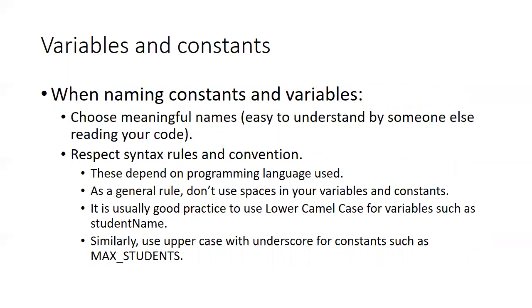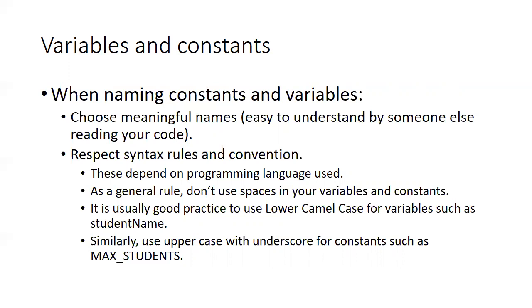This slide is just talking about our presentation in our computer programs and our algorithms. When we use a variable, we tend to use lowercase letters for the name of the variable. And if the variable is made up of more than one name, two names together, like what we've got here, student name. The name of our variable is student name.